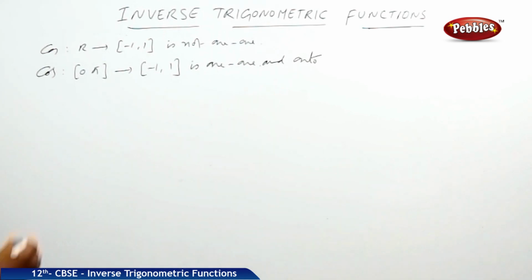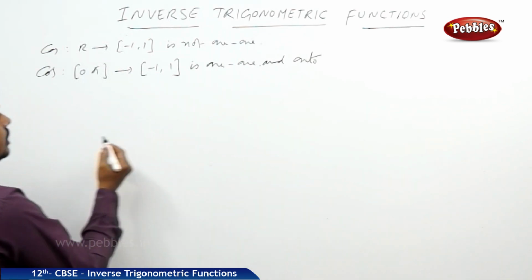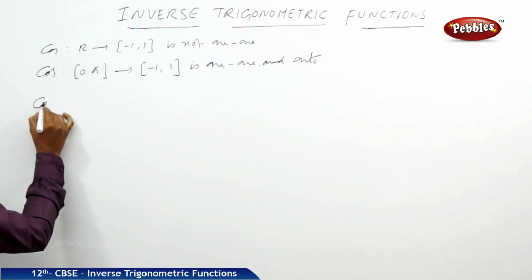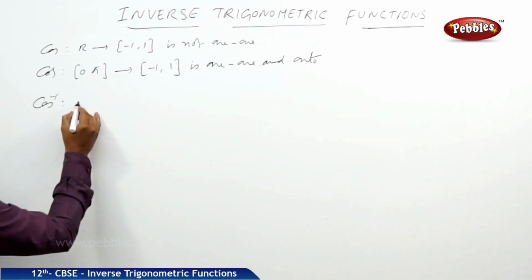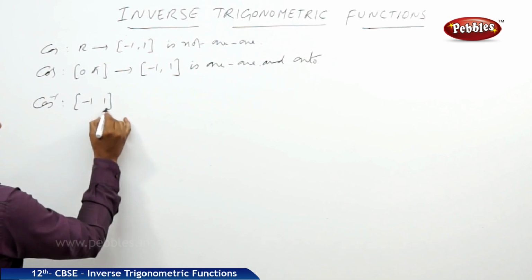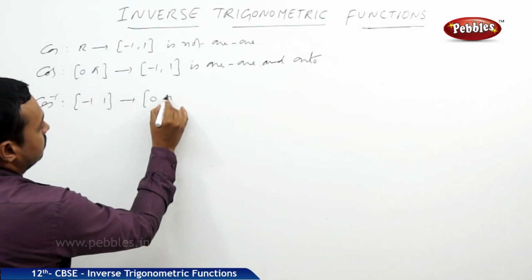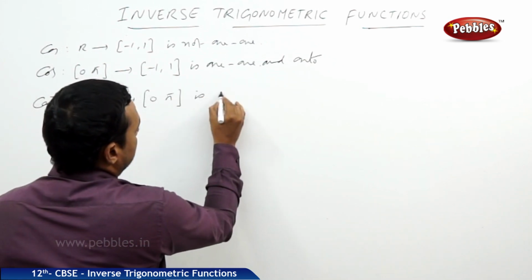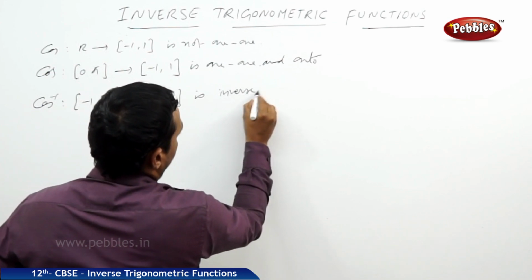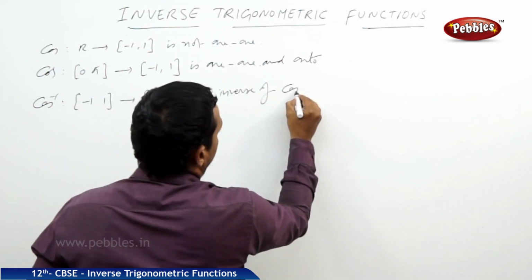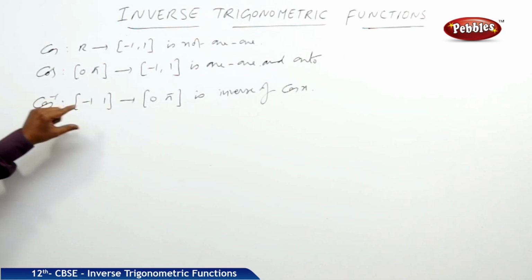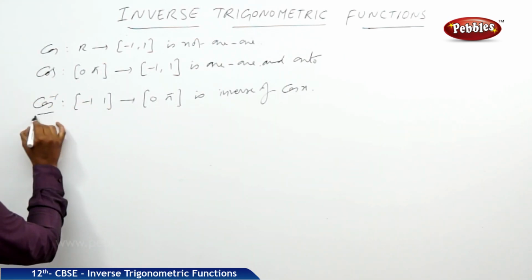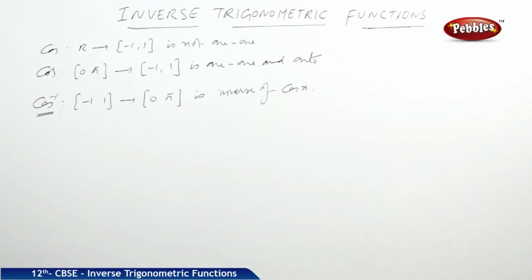Therefore cos is a bijection, hence the inverse of cos, known as cos inverse or arc cos, defined from minus 1 to 1 to 0 to pi, is the inverse of cos x. So this function is denoted by cos inverse x or arc cos x.